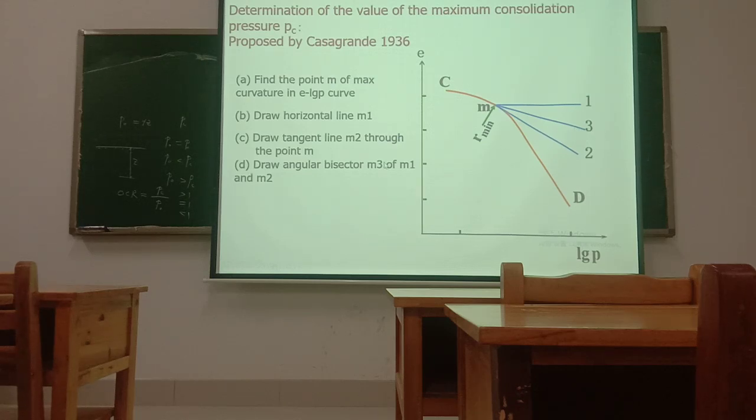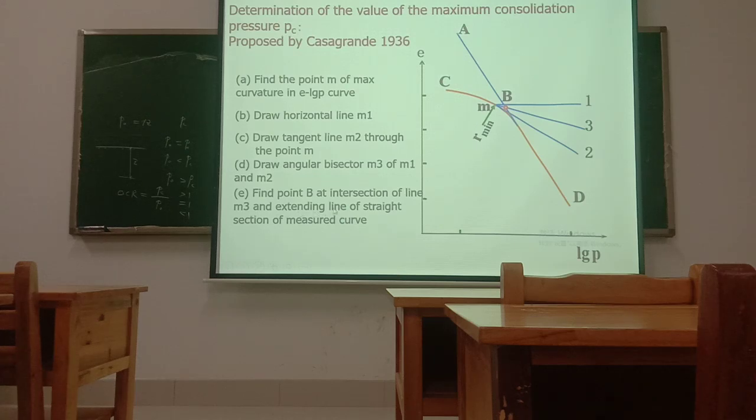And then find the point B at the intersection of line M3 and the extended line of the straight section.